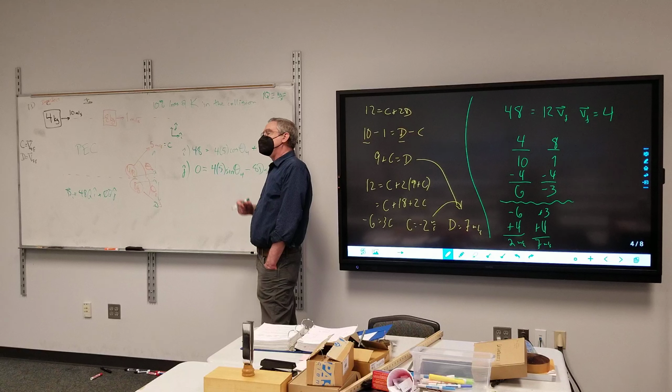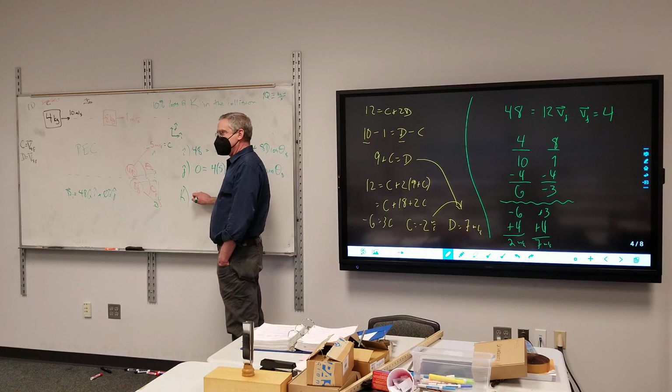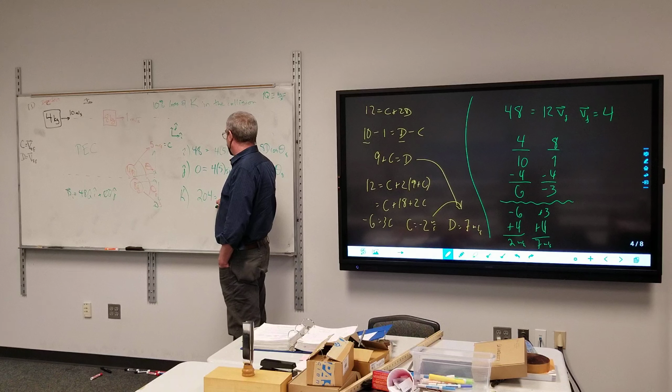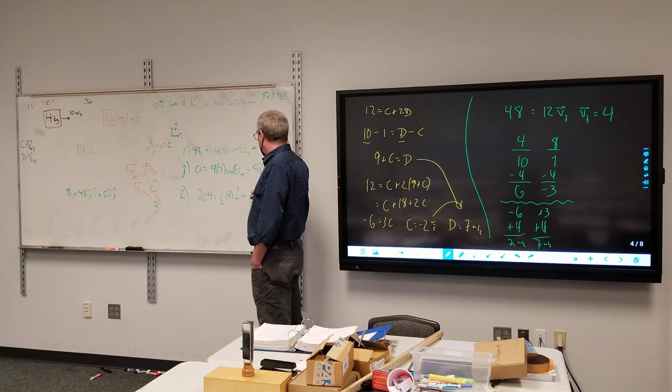Well, the kinetic energy would all be the same, right? And it doesn't matter what direction. Would it be the same as last time? Yep. So 204 is equal to 1/2 times 4 c squared plus 1/2 times 8 times d squared.